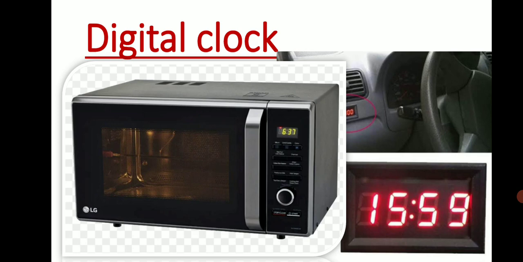This type of clock, which displays the time directly in digits, is known as the digital clock, and it can be seen in the car, at the microwave oven, and in our house as well.